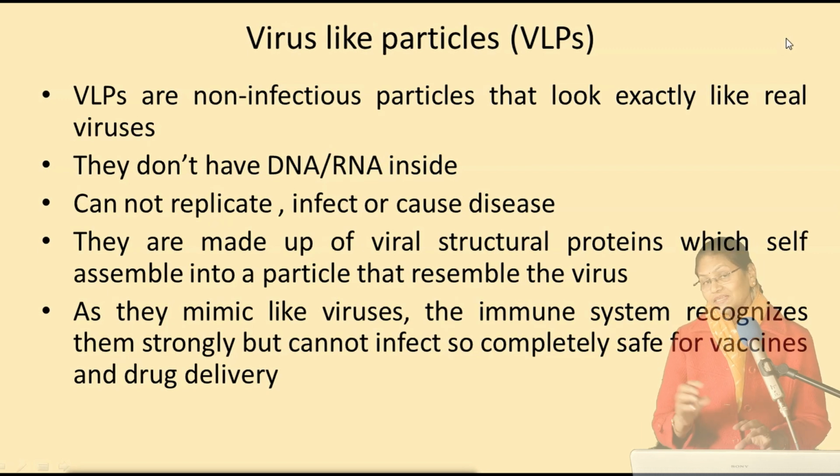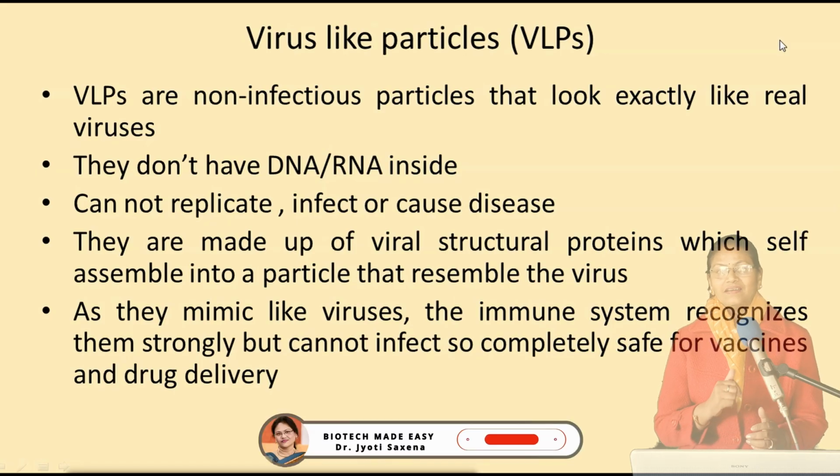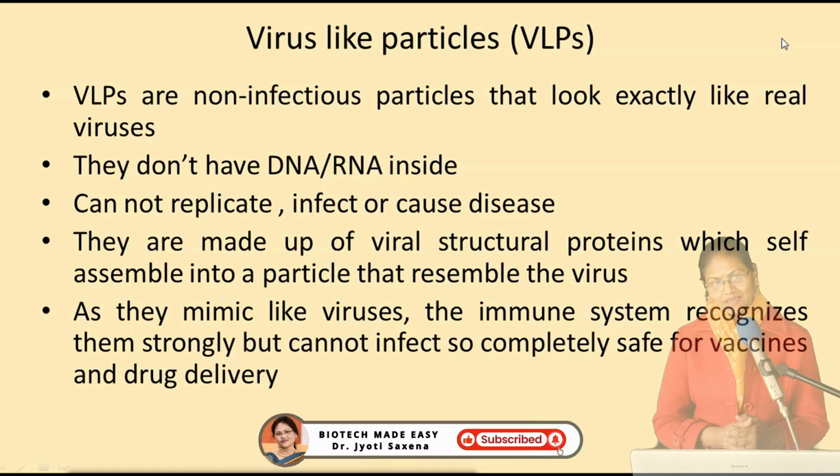Although it looks like a virus and our immune system is confused and gives the response, actually it cannot infect because it doesn't have any DNA, RNA. It is completely safe. So that's why it can be used for vaccines and drug delivery. That is the main purpose of virus-like particles.